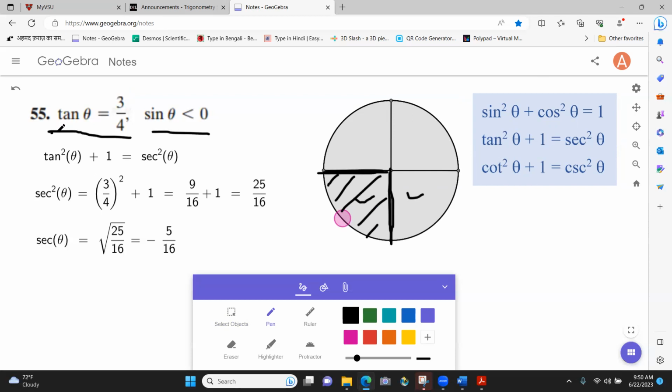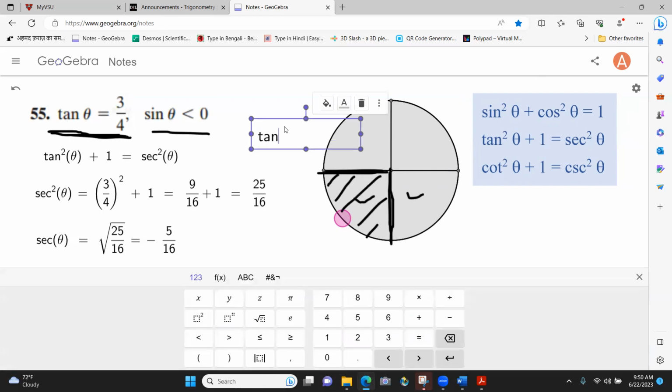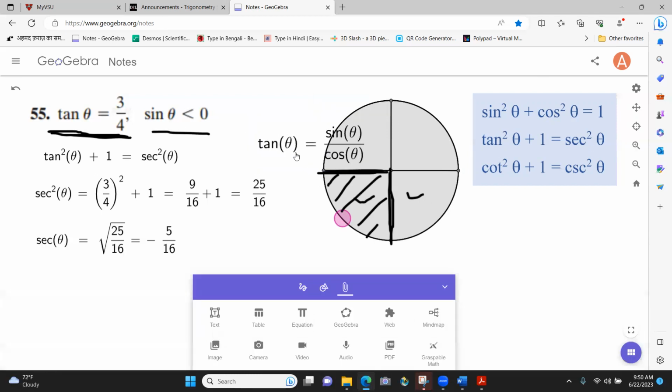And what is tan? Let's write it down on the side, but it also helps to memorize them. Tan is sine theta over cosine theta. Would you agree if I said tan is equal to sine over cosine?